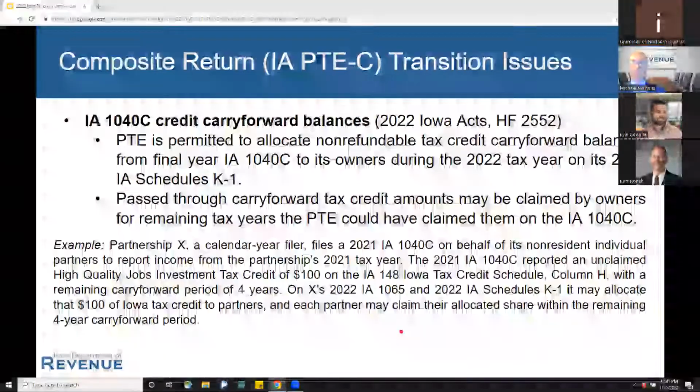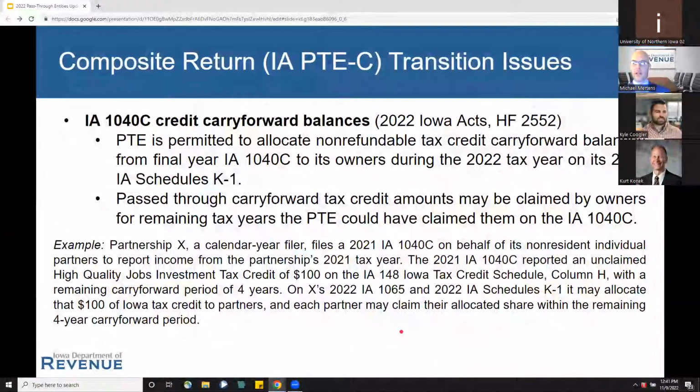It's essentially distributing those final year credits out. And then those owners who receive those carry forward tax credit balances on a K1 will be allowed to claim those for any remaining carry forward years that the pass-through entity itself could have claimed them on the 1040C.